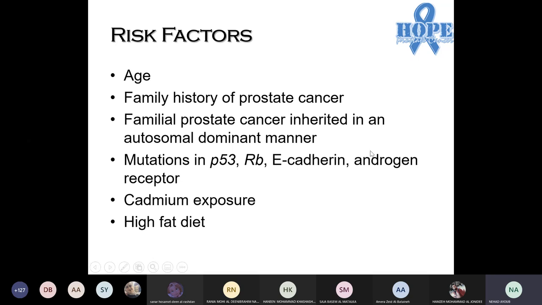الandrogen receptor أو الEC adherent very important in prostate. We have some genes that are known if they are mutated or if we lose the function like P53 for example, it might increase the risk of prostate cancer. هلا في environmental factors أهمها exposure to cadmium.